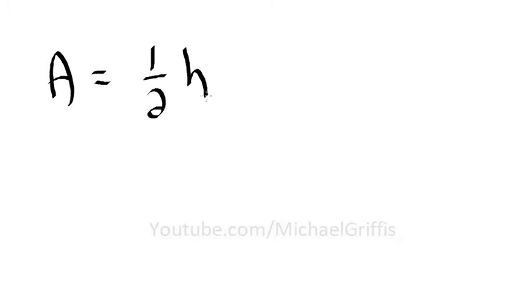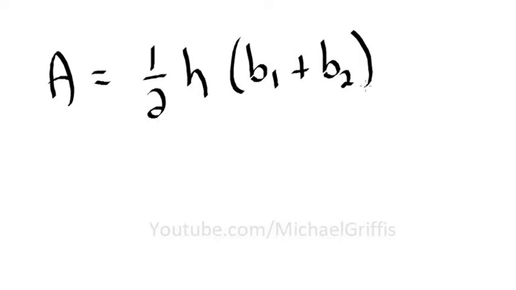Okay, let's look at another one here. A is equal to a half times h times b sub 1 plus b sub 2. These are subscripts. They're supposed to be constants, since we're talking about literal equations here.